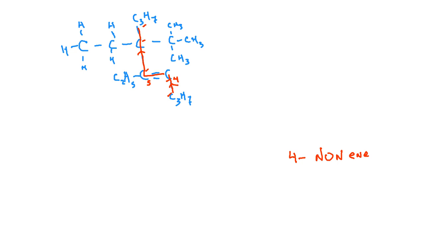Once again, anything not part of my longest chain is an addition. So there's a C2H5, our old friend ethyl. All right, we've got this beast. What is it? Well, 1, 2, 3, 4 carbons and 9 hydrogens, so it's C4H9.